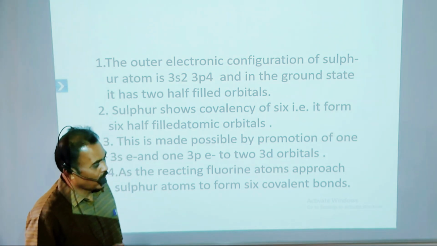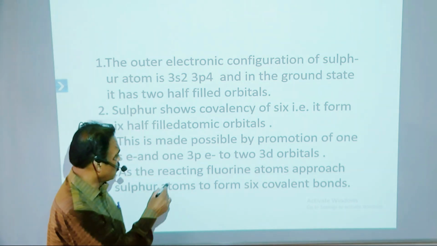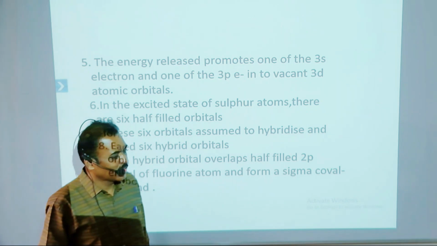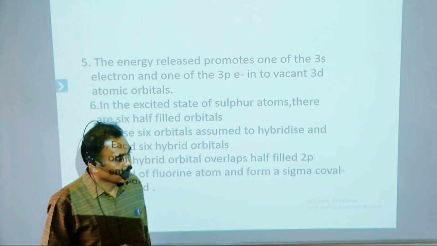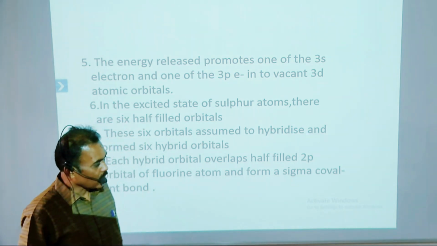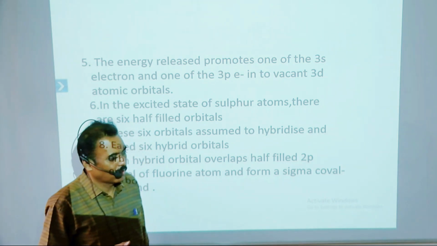As the reacting fluorine atoms approach the sulfur atom to form 6 covalent bonds, the energy released promotes one of the 3s electrons and one of the 3p electrons into vacant 3d orbitals. In the excited state of the sulfur atom, there are 6 half-filled orbitals.